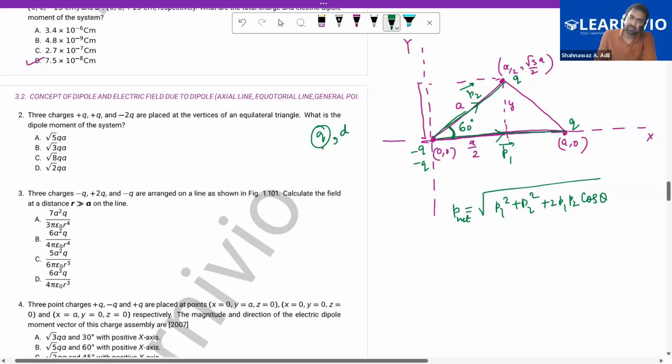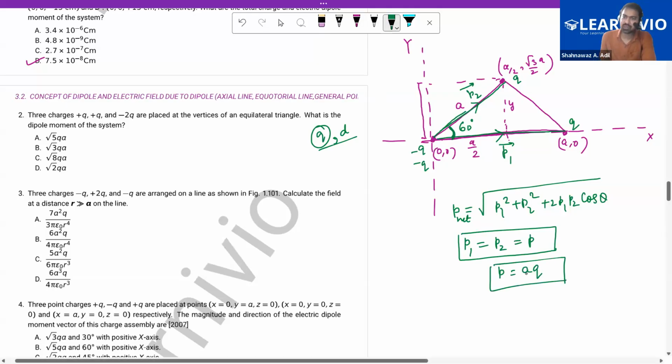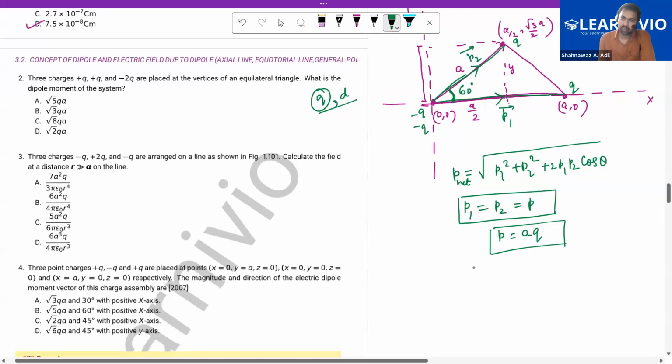So the distance is also the same. So P1 magnitude would be equal to P2. Do you agree? Yes. And this would be simply Q into A, or AQ, because the charge is Q and the separation is A.